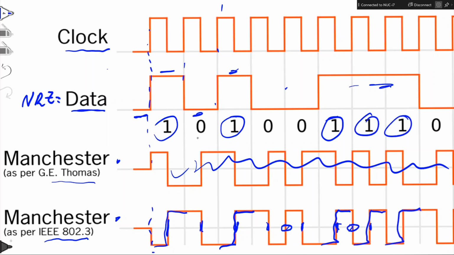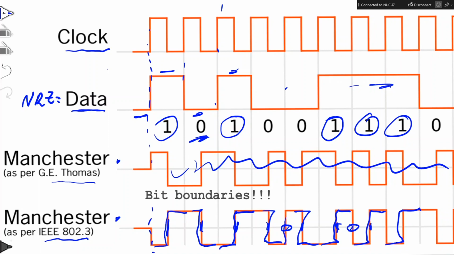On the other hand, the zeros are a high, low, high, low, high, low. And then sometimes, because the previous bit ended on a low and the next one starts at a high, you have to transition on a byte boundary. So that's the reason why you have those transitions on the byte boundaries, just to get to the right starting point.